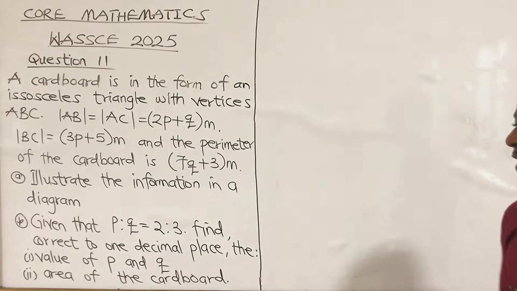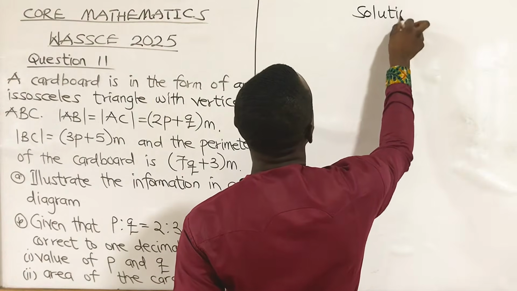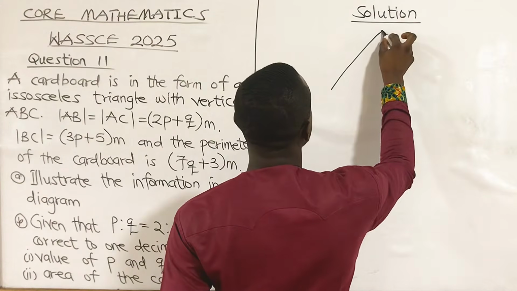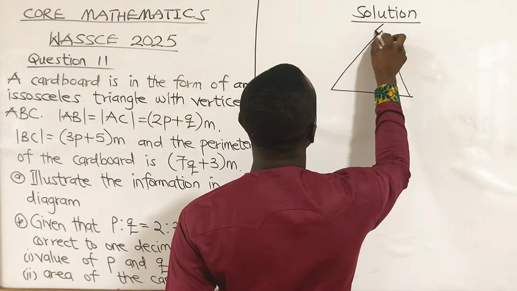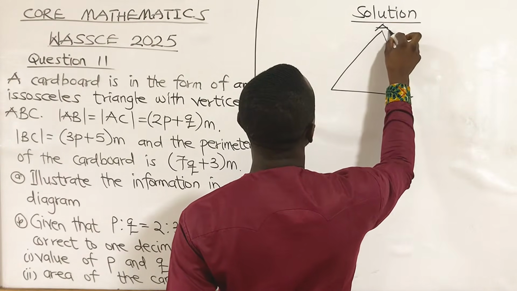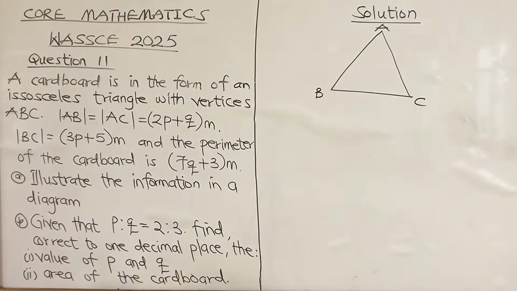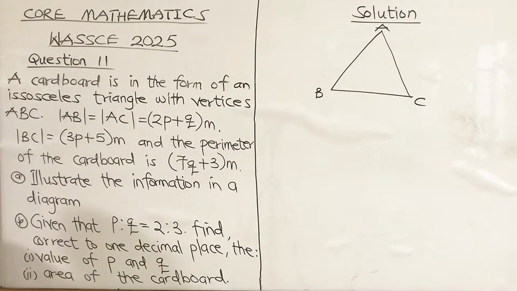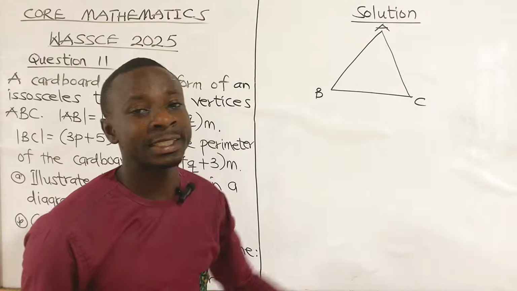So let's look at the solution quickly. So we have A, B, and then C. Viewers, this is a triangle. The question made it very clear that it is in the form of an isosceles triangle, and we know that an isosceles triangle has two sides equal.